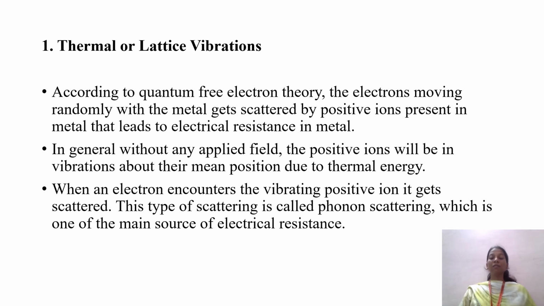In general, when we do not apply any field, the positive ions have their vibration constant, and it is due to the thermal energy. When a free electron encounters the vibrating positive ions, it gets scattered. This is known as phonon scattering, and it is one of the main sources of electrical resistance.